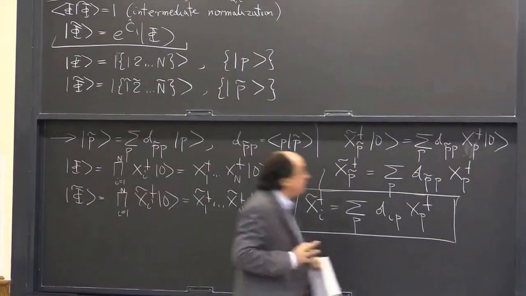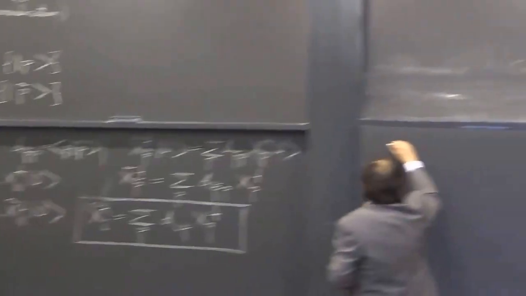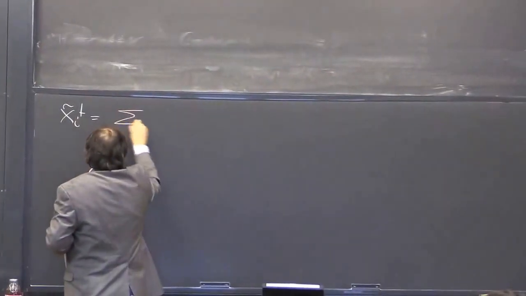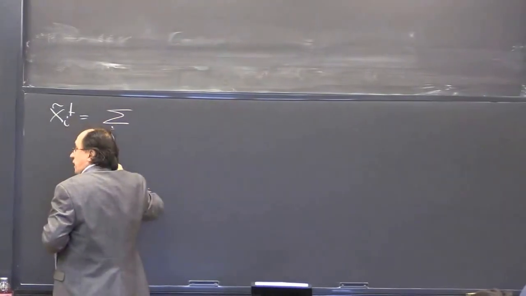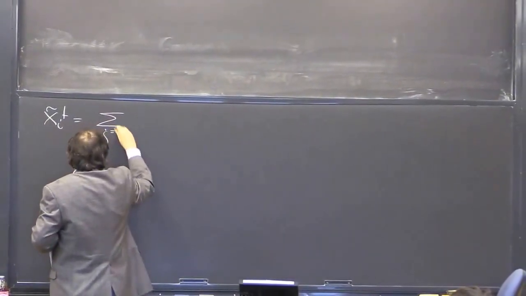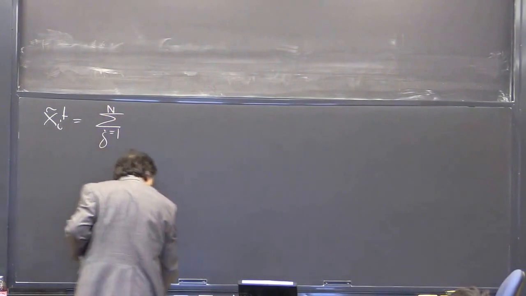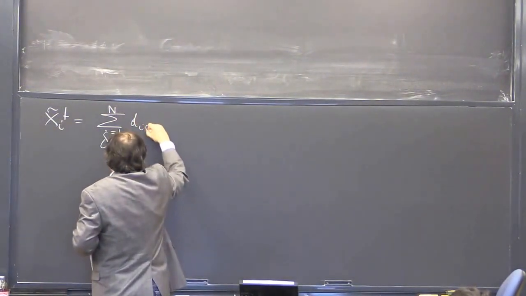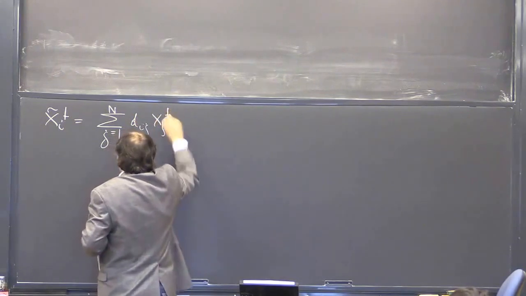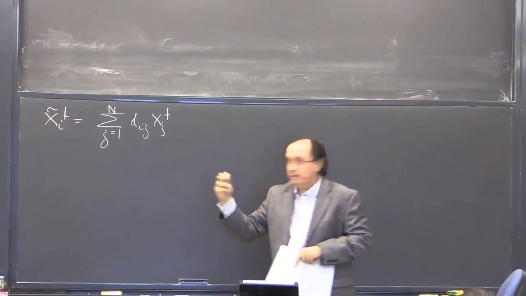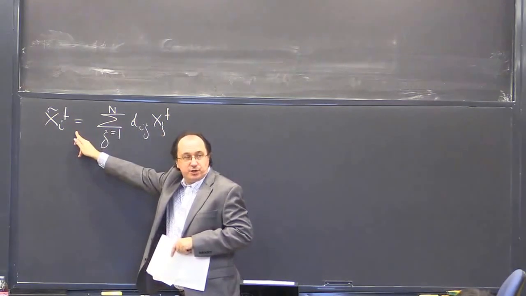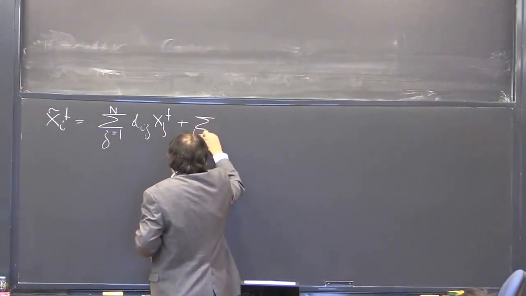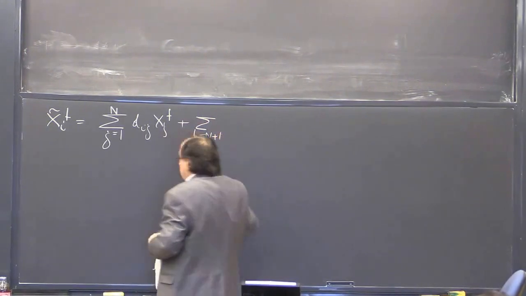Let's see, somewhere here. Okay. So what do we get? That xi dagger equals a summation over, say, indices j running from 1 to n, and then we have d I j x j dagger. Okay, so that is sort of the occupied transformation, and then the summation over b that starts with n plus 1.